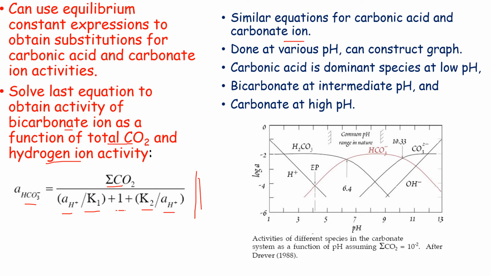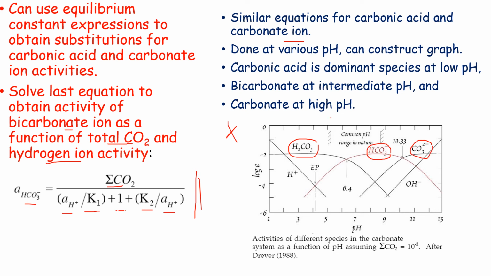Carrying out these calculations at various pH, you can construct a graph as shown right down here. In this figure, we can see that carbonic acid is the dominant species at low pH. At the intermediate pH range, you have bicarbonate as the dominant species, and at a high pH range, you have the carbonate ion as your dominant species.